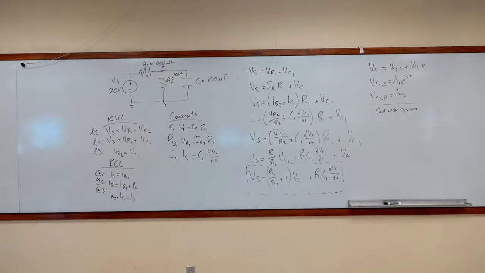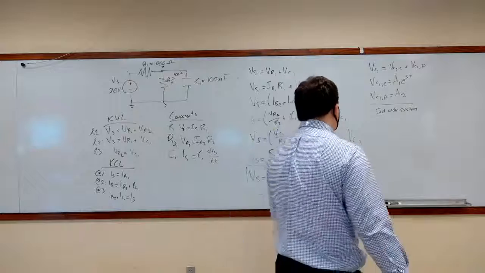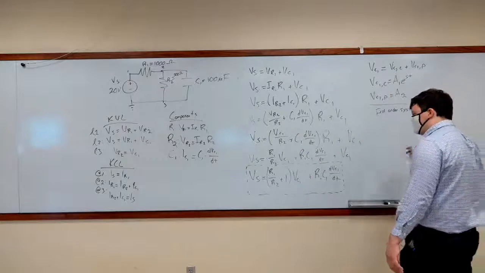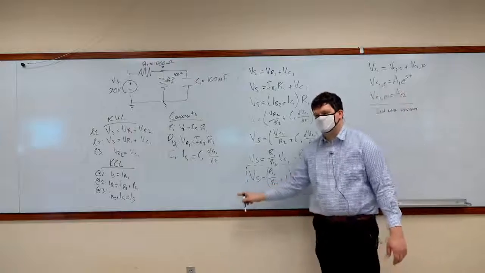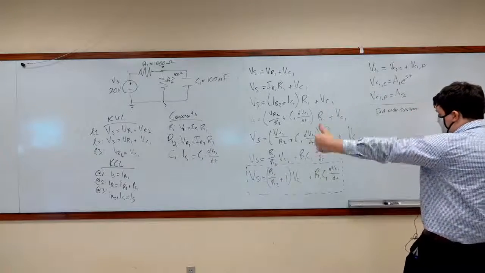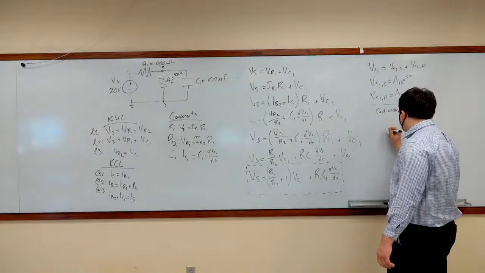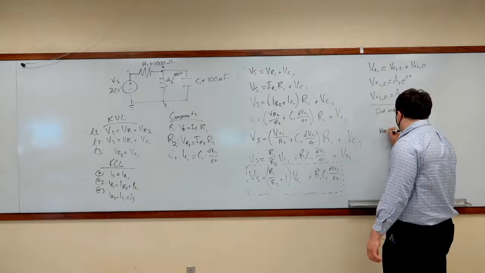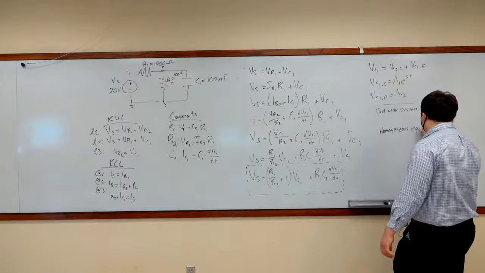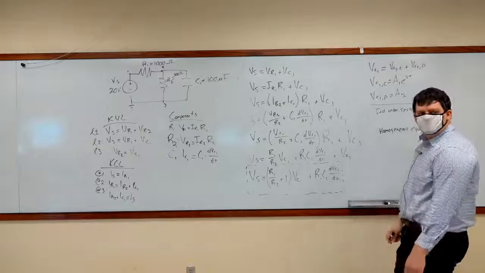Okay, so now we need to solve for what S is. And to do so, we use the homogeneous equation. We plug this in, we set Vs equal to 0. So, the homogeneous equation, it's a tornado.